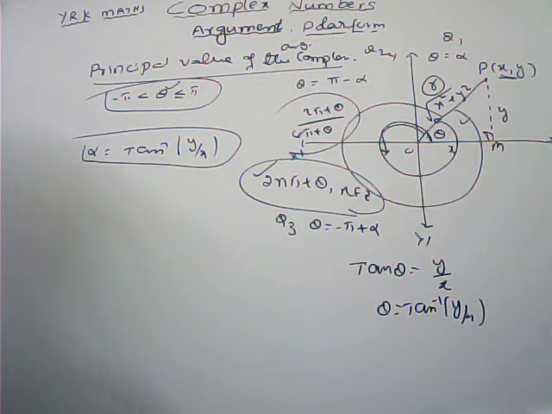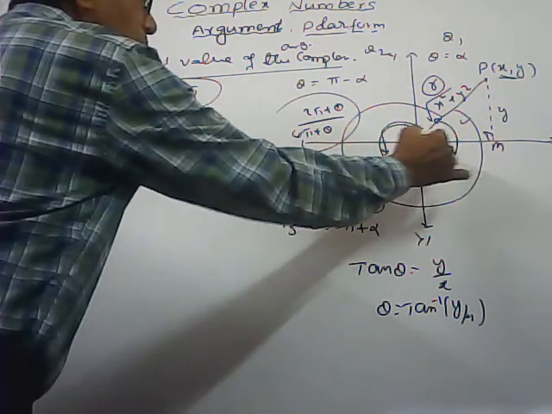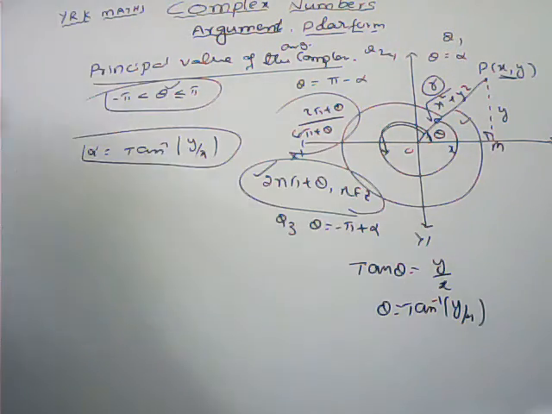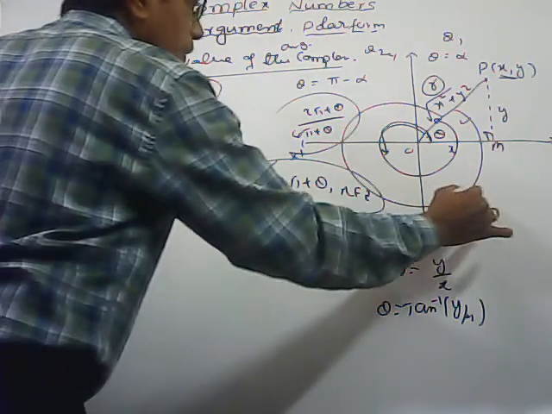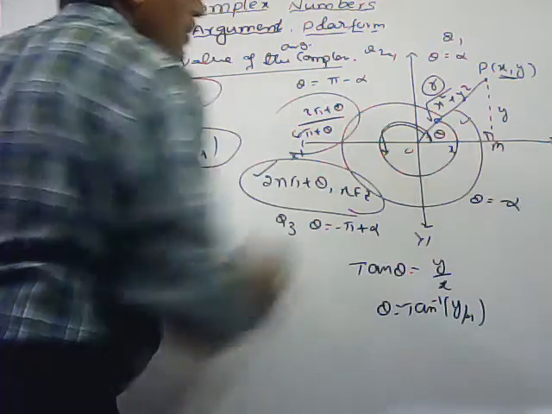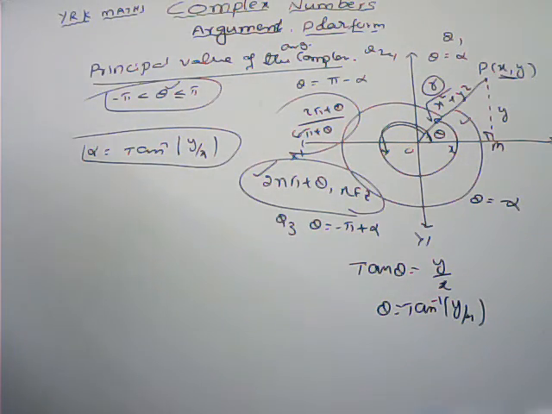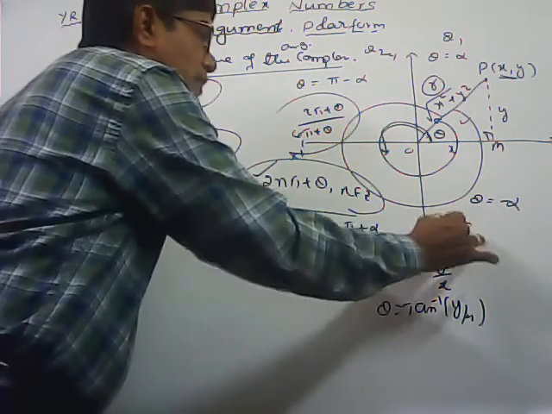In the third and fourth quadrants you go in the clockwise direction. So here it is minus pi plus alpha, and in the fourth quadrant theta is equal to minus alpha.